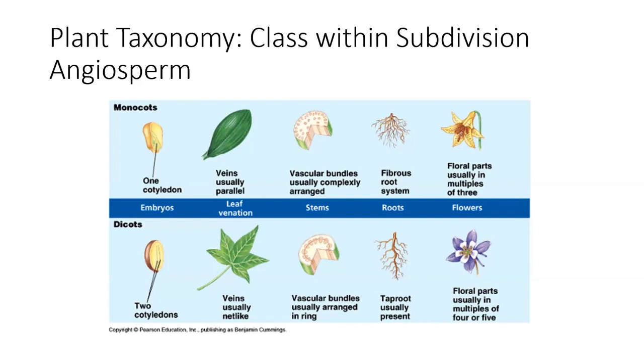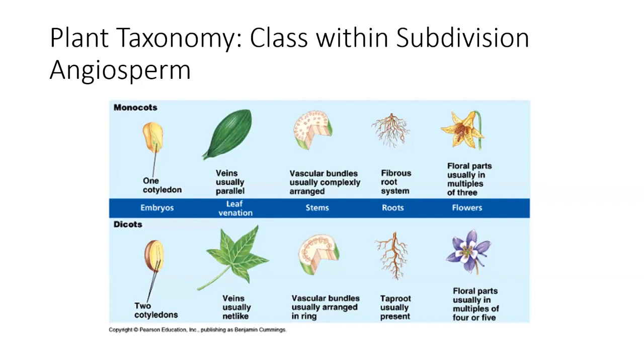Then we have vascular bundles. If you were to take the stem and look at it under the microscope, those vascular bundles, where the xylem and the phloem flow through the plant, would usually be in a scattered arrangement. Often too, monocots have a fibrous root system.